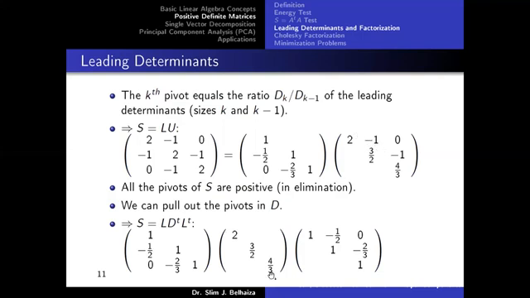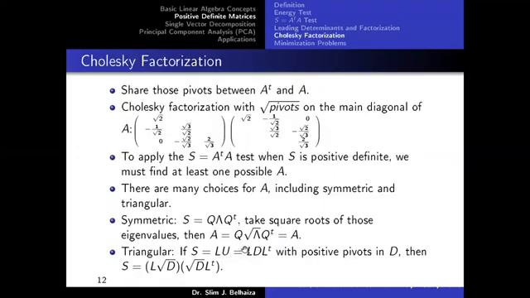He inserts them in a kind of diagonal matrix where everything is 0 and just puts the leading determinants there. And he obtained a factorization which gives him the A and A transpose we were talking about. So this is the principle of Cholesky factorization: how to write any positive definite matrix as a product of a matrix A and its transpose.